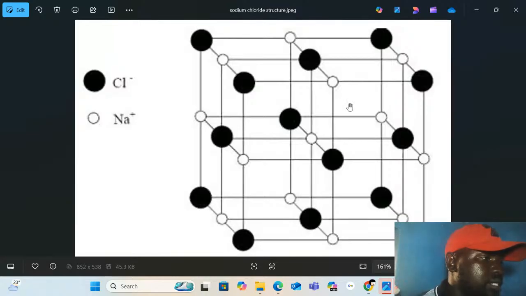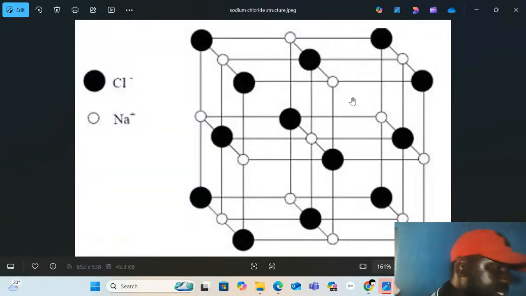You can see the black spots and the white spots. You can see from the shading. The black ones are chloride ions. The white ones are sodium ions.